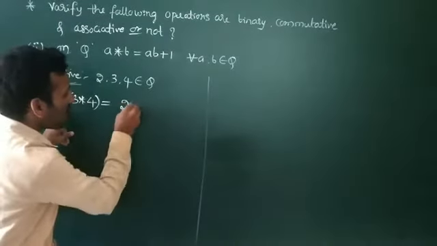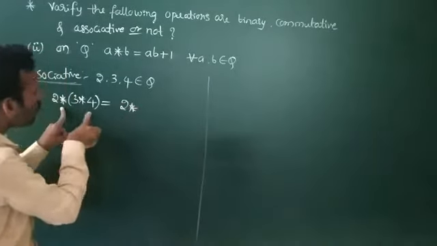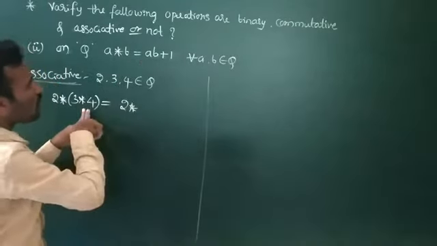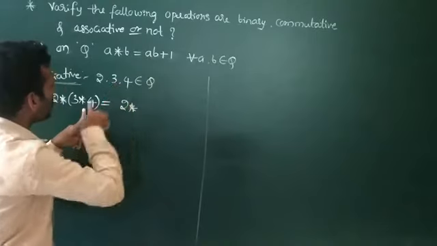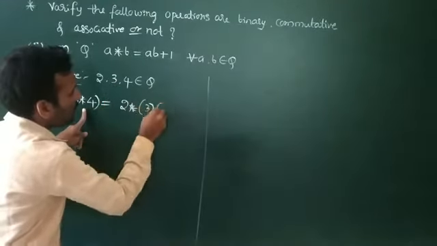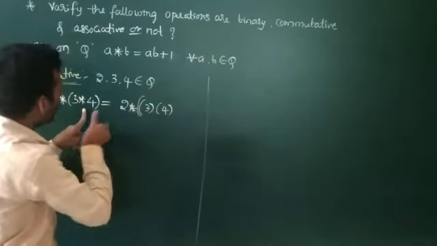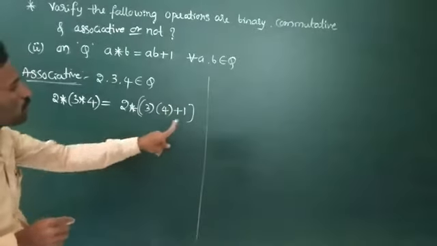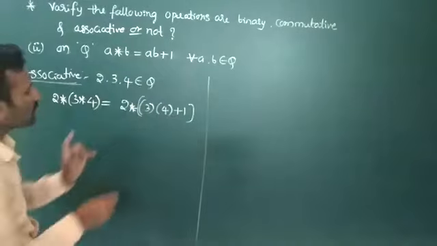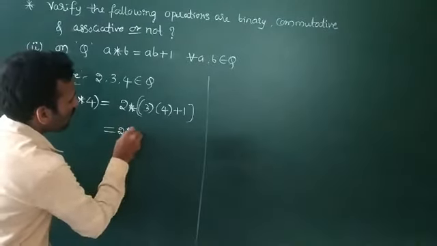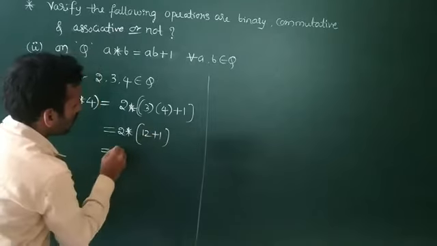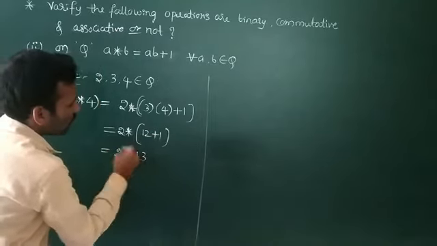First 2 star as it is. 3 star 4 by the definition of binary operation is AB plus 1, where A is 3, B is 4. So 3 into 4 plus 1. That is 2 star, 3 into 4 is 12, 12 plus 1 is 13.